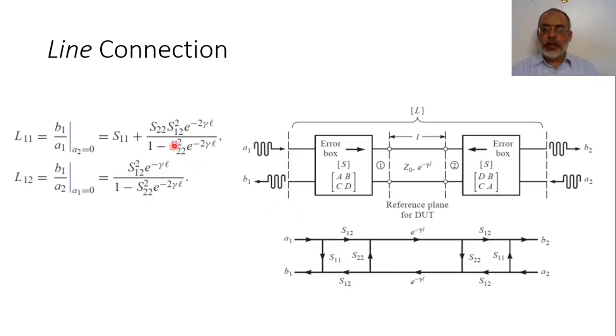So we have S12 squared S22 e to the power minus 2 gamma L. But we have a self loop here equal to S22 squared multiplied by e to the power minus 2 gamma L. So this is multiplied by 1 over 1 minus S22 squared e to the power minus 2 gamma L. This is L11, or the measured S11 in this case.